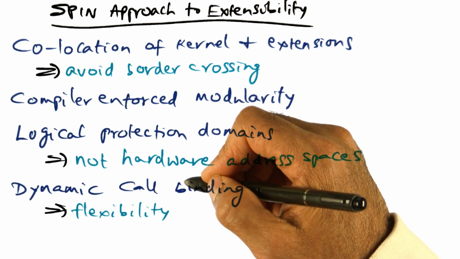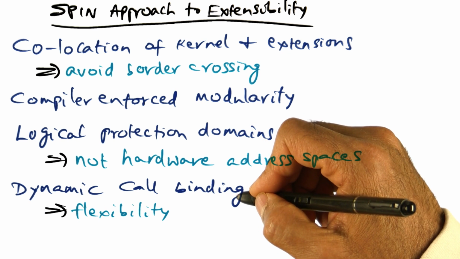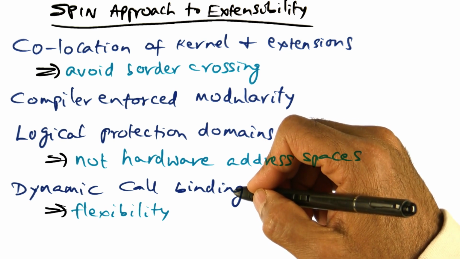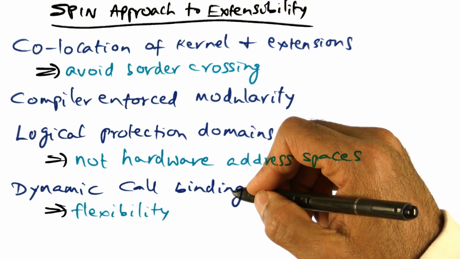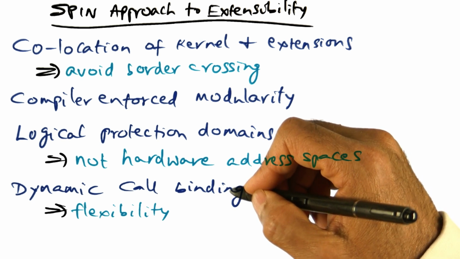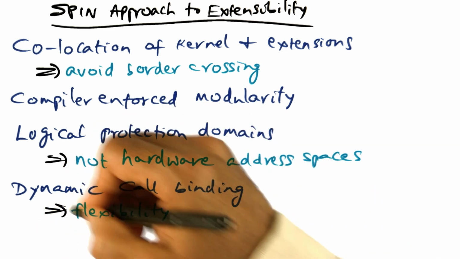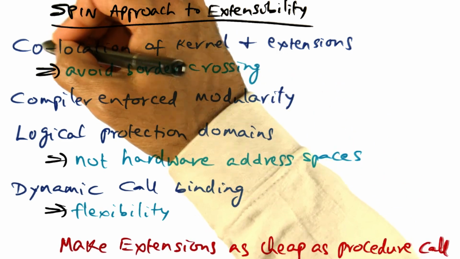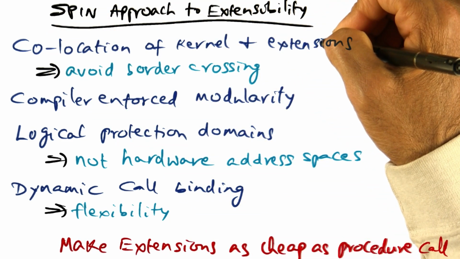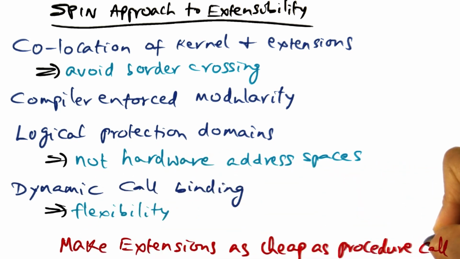And there can be several implementations of the interface functions, and that's where the flexibility comes in. Applications can dynamically bind to different implementations of the same interface functions, and that's how we get different instantiations of specific system components, getting you the flexibility that you want in constructing an operating system. Because we have co-located the kernel and the extension in the same hardware address space, we are making the extensions as cheap as a procedure call.